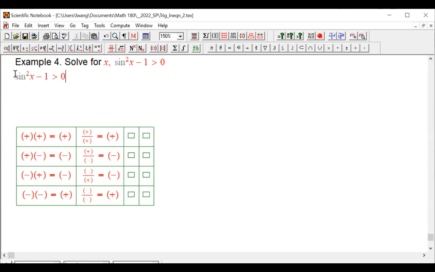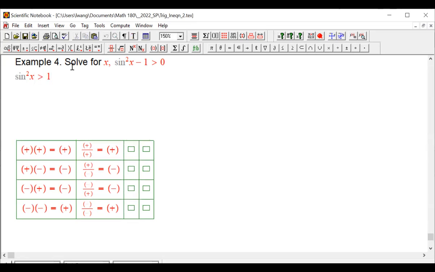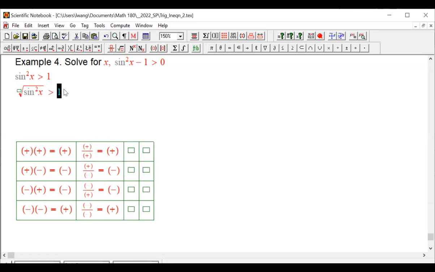Well, if we solve it the normal way, right? We will add in the 1 on both sides. And we take absolute value, we take square root. Square root of 1 is 1, so this equals 1. And the other side, absolute value is greater than 1.